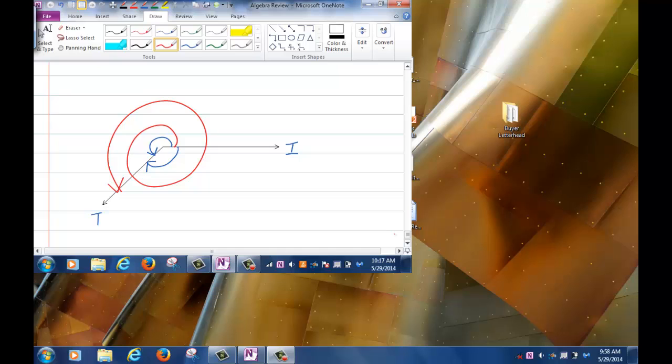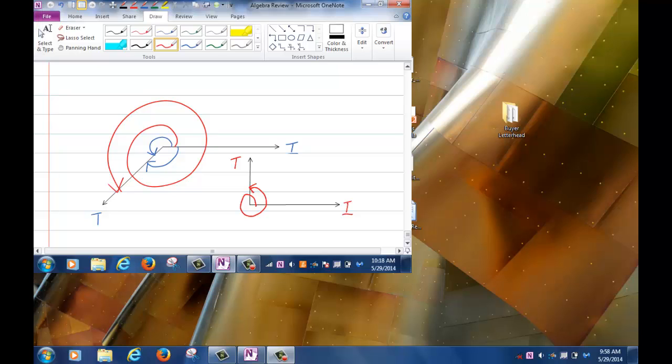For example, let's say I have this and this. Again, this is the initial side, this is the terminal side, and for this angle here, I can say that I go like this and come back here. So how many degrees is that, or how many radians is that?